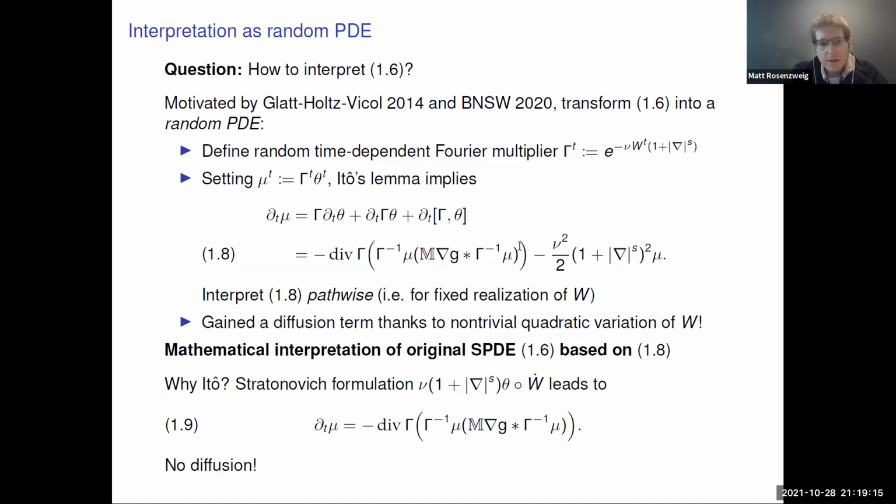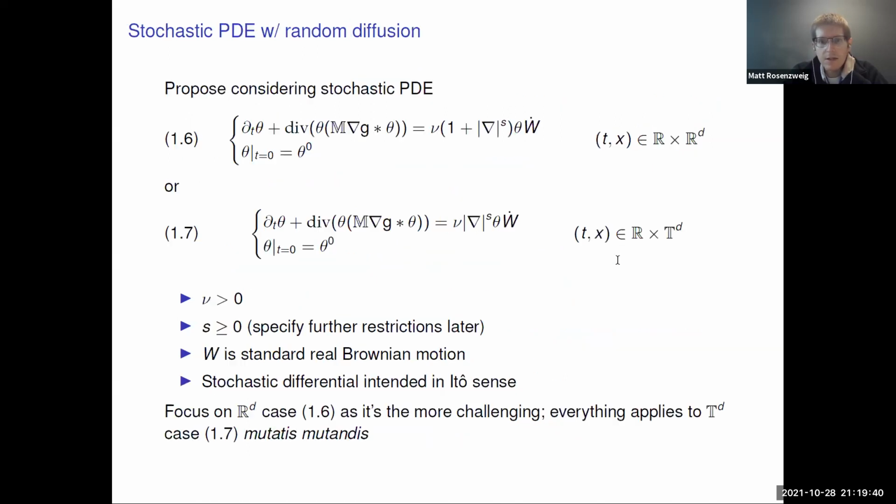So what's special about this equation? Well, I can interpret this pathwise. I don't have any sort of stochastic differential appearing in the right-hand side like I did before. And by pathwise, I mean for a fixed realization of W, of the Brownian motion. And then perhaps more importantly, I've gained a diffusion term in this right-hand side over here, which is in contrast to the situation over here where I don't actually know that this should be regularized.